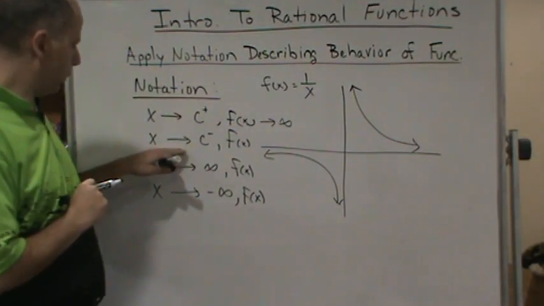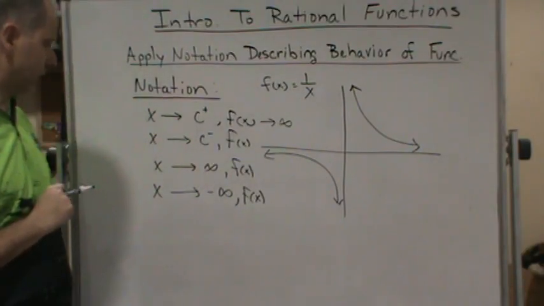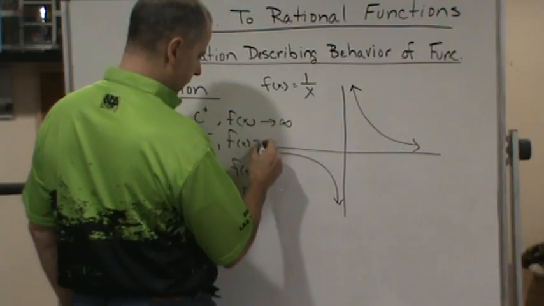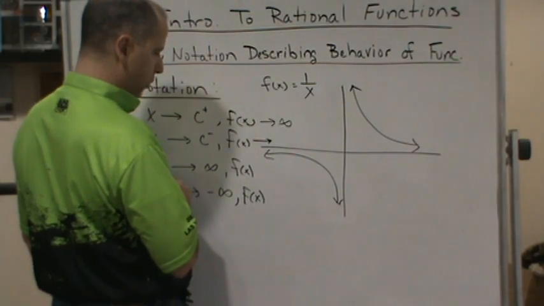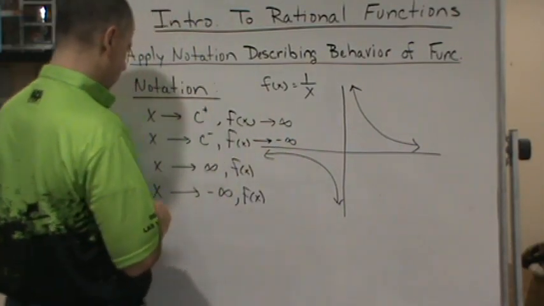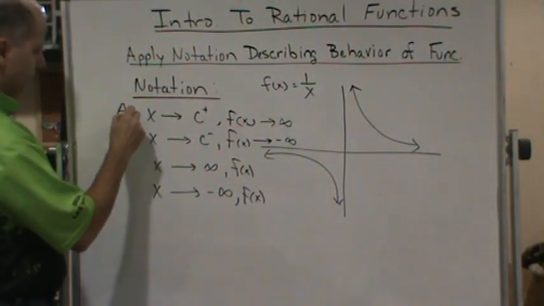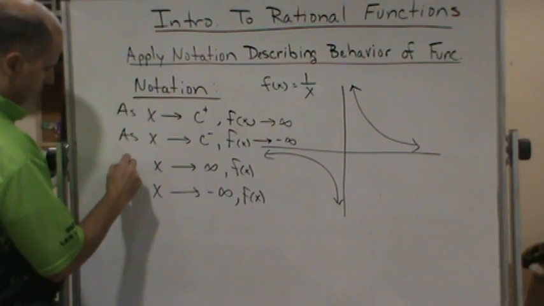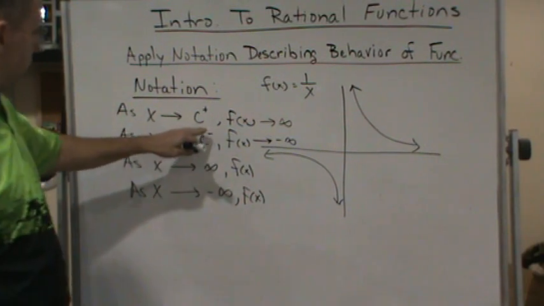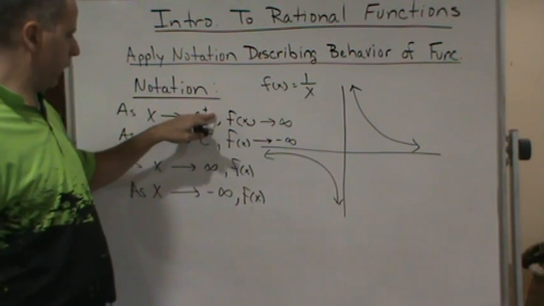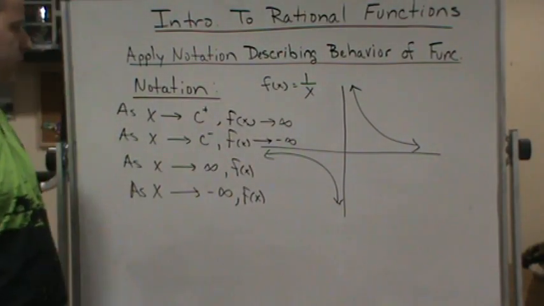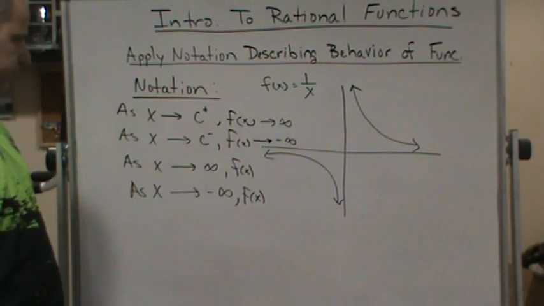What about if we're approaching 0 from the left? Well, in that case, f of x approaches negative infinity. We might put the word "as" in front. So as x approaches 0 from the right, f of x is approaching positive infinity.